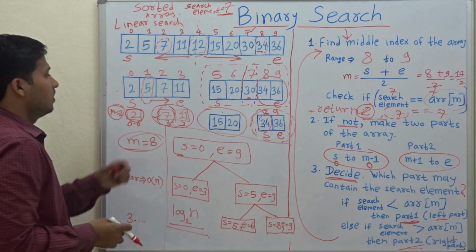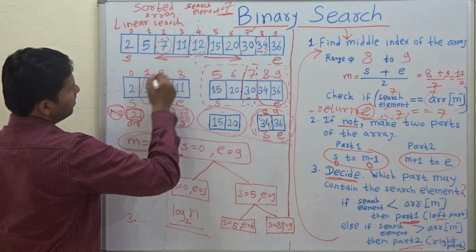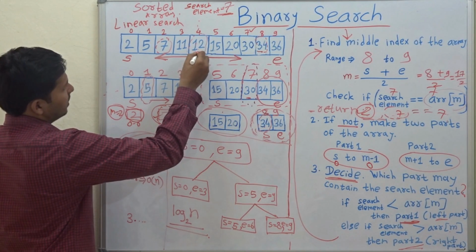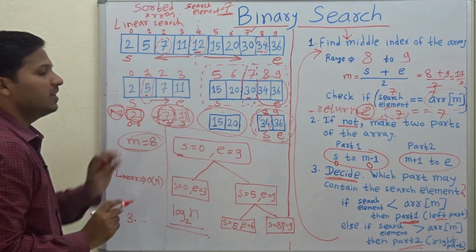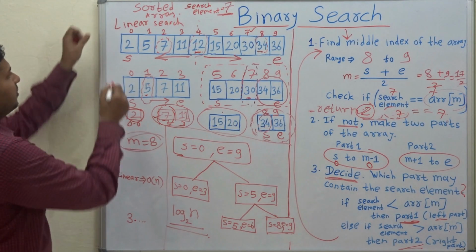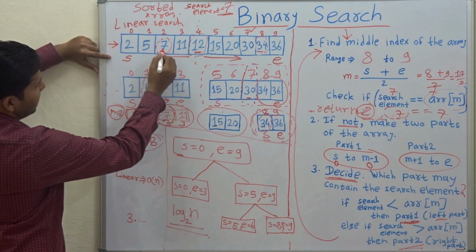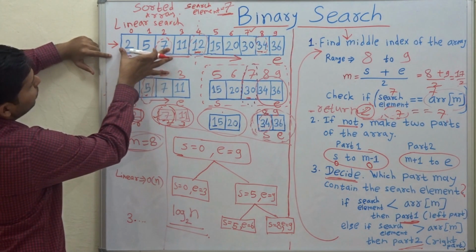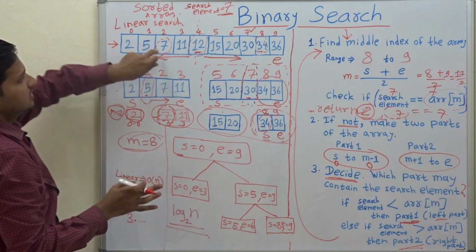Now see how many memory accesses we did. We did 3 memory accesses: first for 12, then 5, and then for 7. But if we go for linear search to search 7, then also we need only 3 memory accesses.